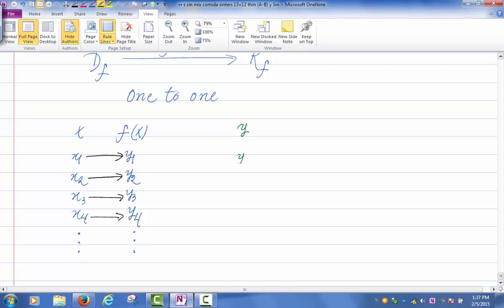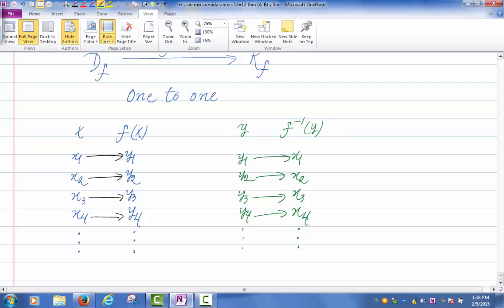So I have y1, y2, y3, y4, dot dot dot, and then I have the inverse function evaluated at y would be the corresponding value in the domain of f. Okay, so here the function is y1 is assigned to x1, y2 is assigned to x2, y3 is assigned to x3, y4 is assigned to x4.